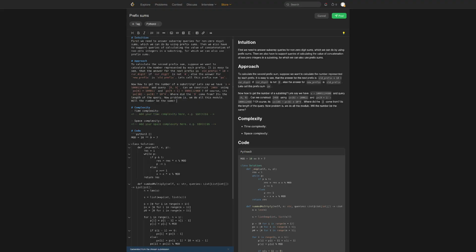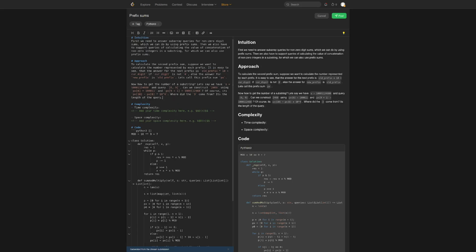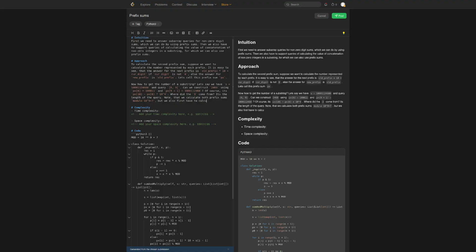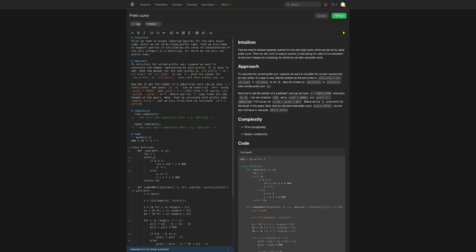Well, note that we calculate both prefix sums modulo 10 to 9 plus 7, but we also first have to calculate 10 to 4, then 10 to 9 plus 7.